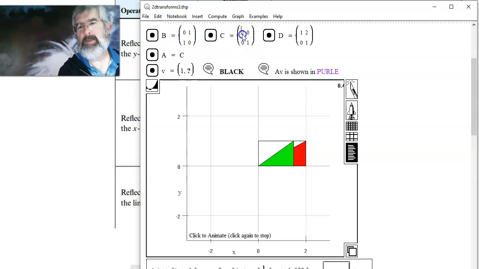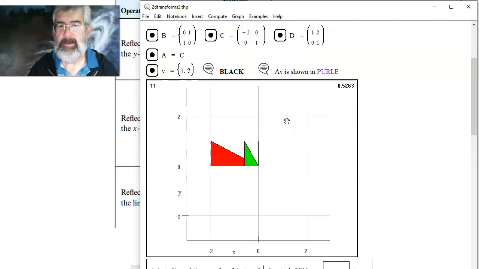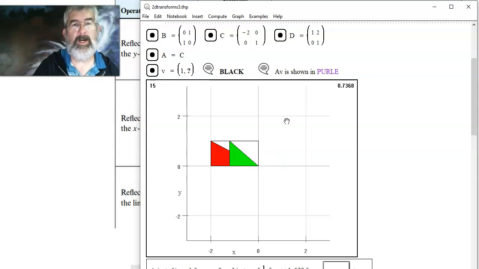I want to point out, if that was a -2, then this is being expanded and flipped, right? So it's an expansion by factor 2, but it's also being flipped over the y-axis. So I think of it as expansion by -2, but think of it as a flip and an expansion, if you will.